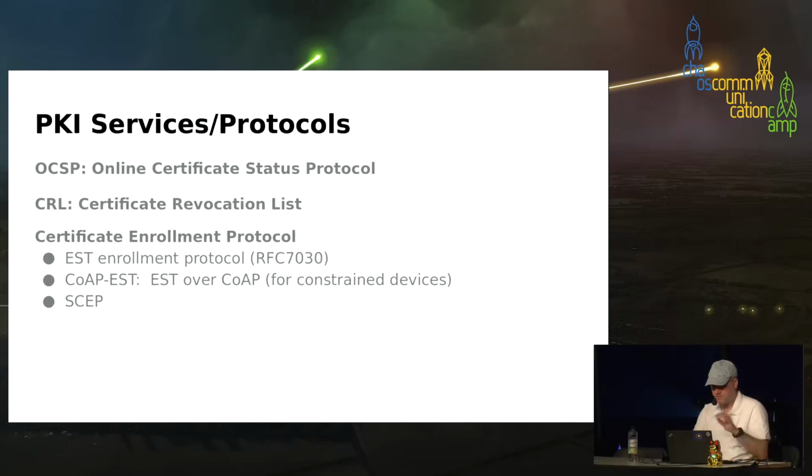Talking about PKI services, you need OCSP, the Online Certificate Status Protocol. That's used by your IoT device to verify if any certificate is still valid or has been revoked. You might also need certificate revocation lists and an important service, certificate enrollment protocol.